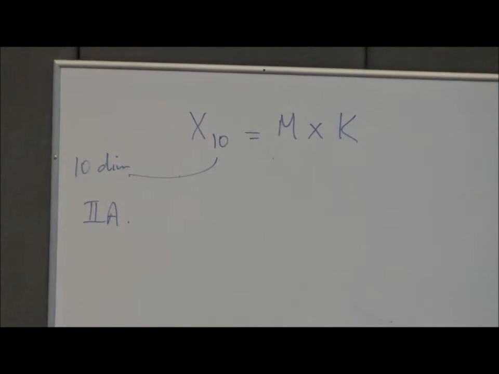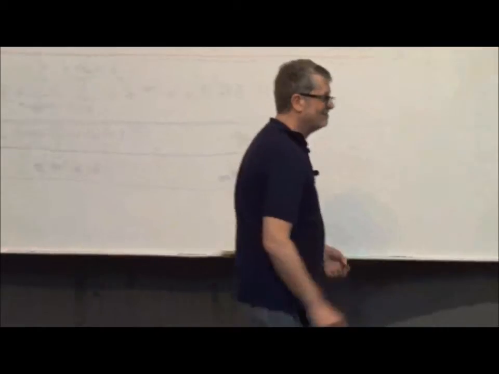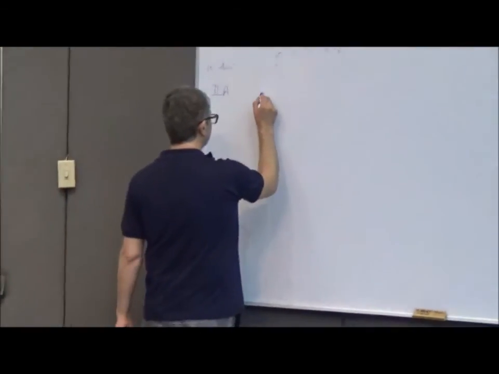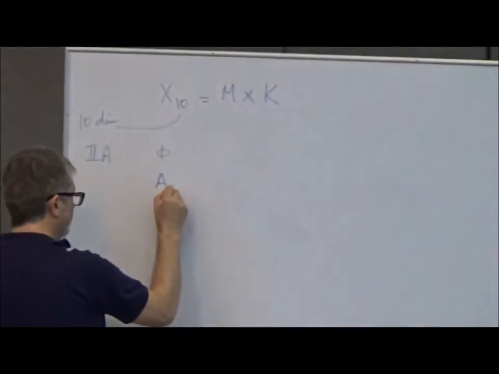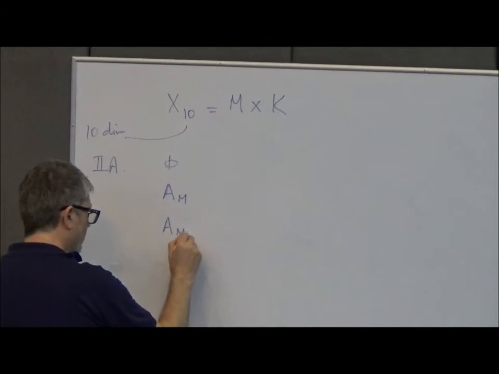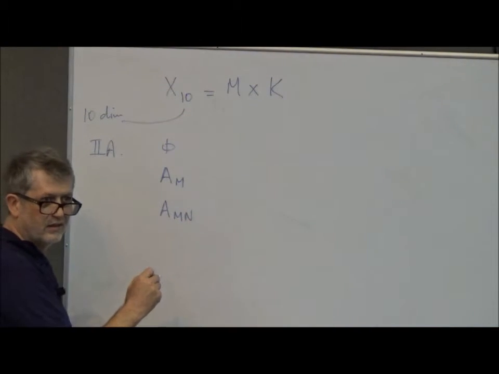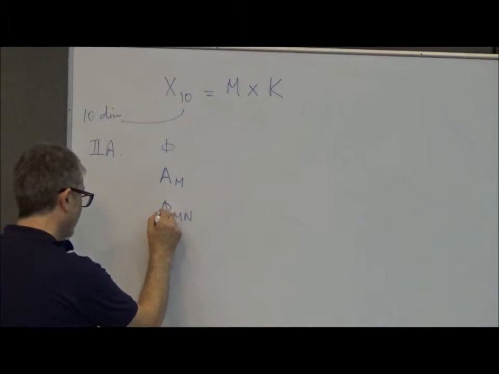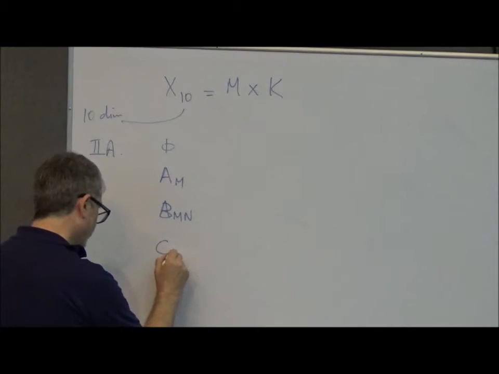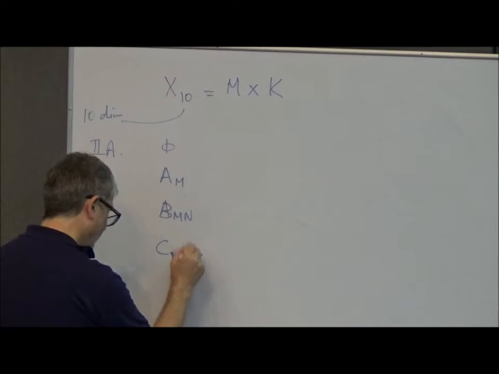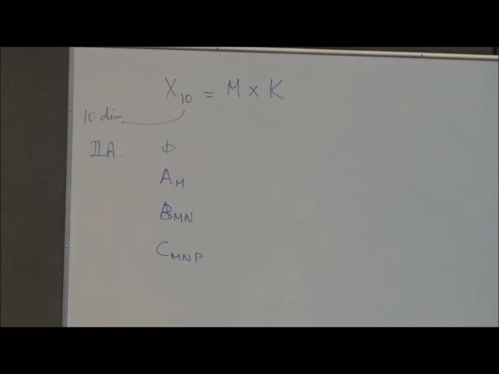You have a 0 form, so you have a scalar, you have a vector, you have a rank 2 antisymmetric tensor, and you have, let's call it B, just to show you that I'm very inventive, a rank 3 antisymmetric tensor, right? Please say yes, somebody who knows. I feel very insecure when I say these things.